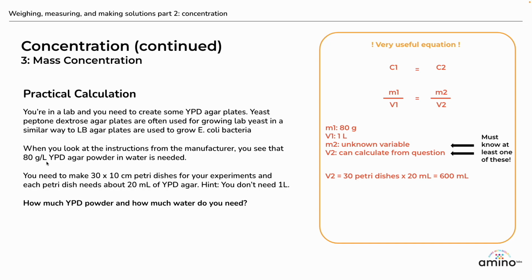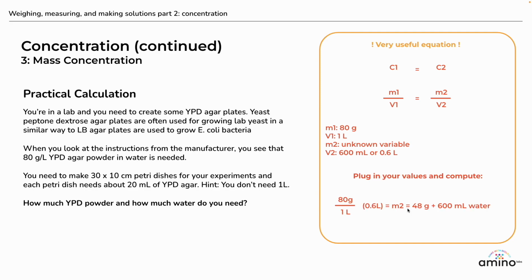in order to get our desired final concentration of 80 grams per liter. So we can rearrange this equation, M1 over V1 equals M2 over V2, to solve for M2. And we simply do this by multiplying both sides by V2. That negates this V2 on the right, but then we have a multiplication of this term here with V2. Okay, so M2 equals M1 over V1 multiplied by V2.